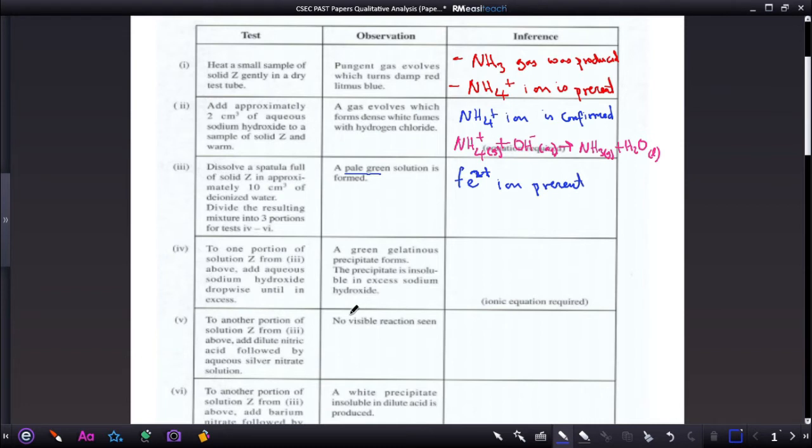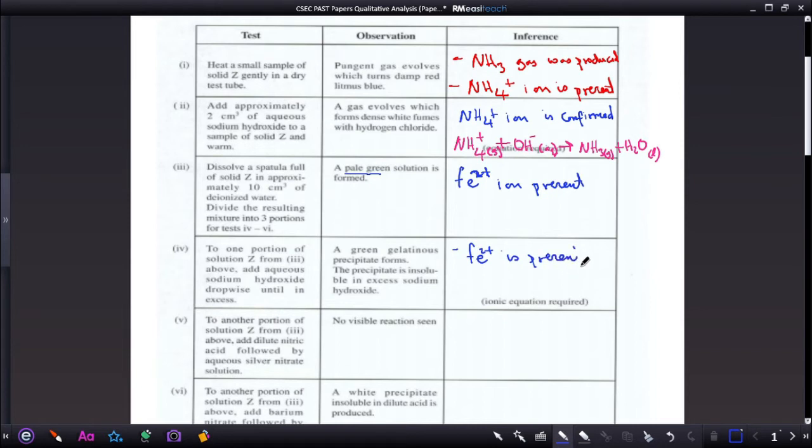Part 4. To 1 portion of solution Z from 3 above, add aqueous sodium hydroxide dropwise until in excess. So when we add the sodium hydroxide dropwise, we saw that a green gelatinous precipitate forms. This means that iron 2+ is present.